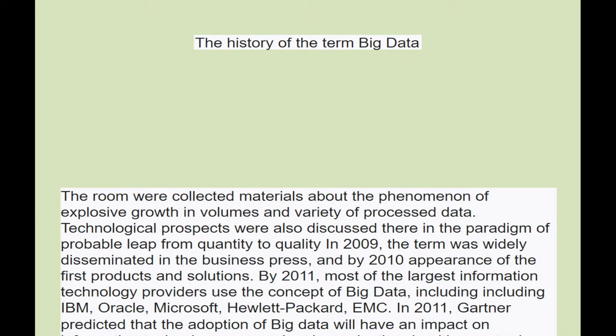In 2009, the term was widely disseminated in the business press, and by 2010, the first products and solutions appeared. By 2011, most of the largest information technology providers used the concept of big data, including IBM, Oracle, Microsoft, Hewlett Packard, and so on.